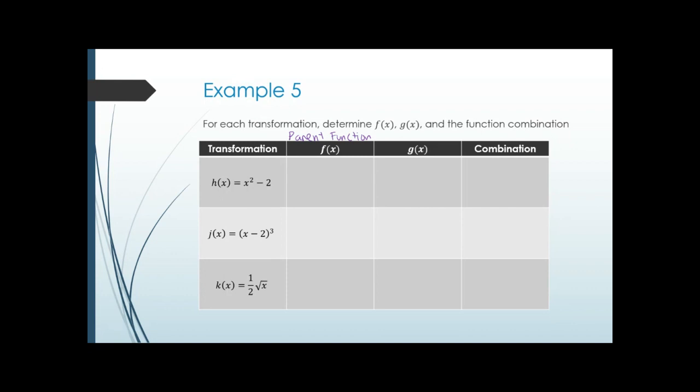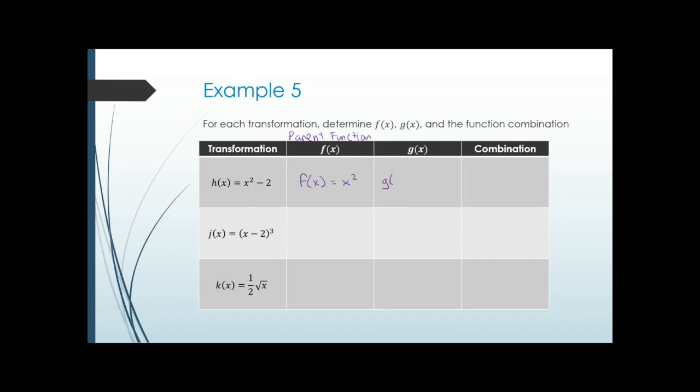So I've got h, j, and k of x here. So h of x is x squared minus 2. So the basic function we're looking at is an x squared function. So our parent function, f of x, is x squared. Now, if I go back to h of x, I subtracted 2 from that.